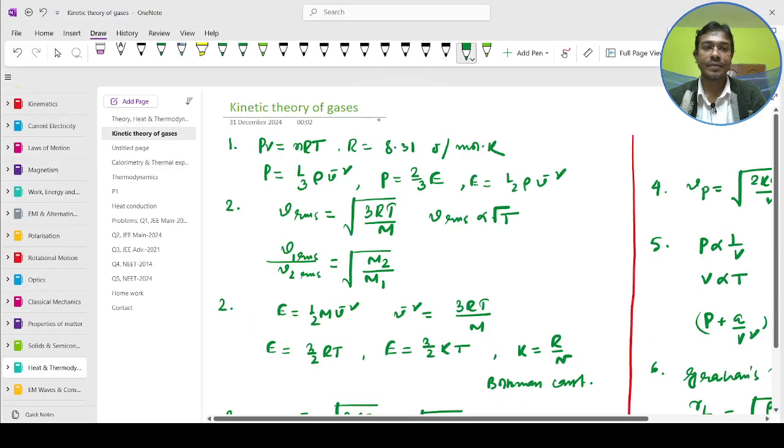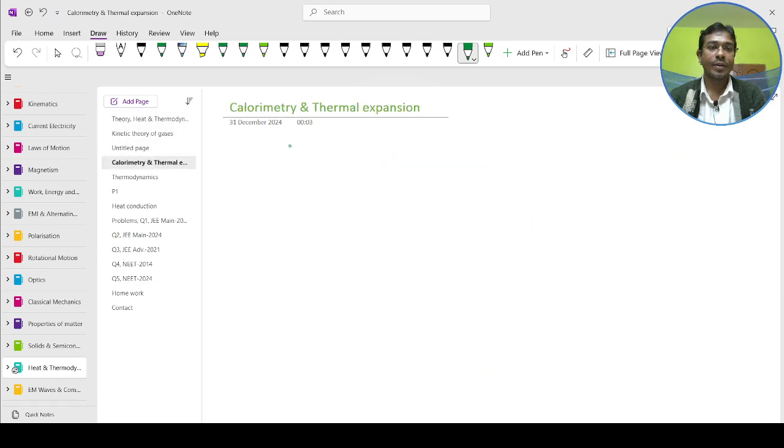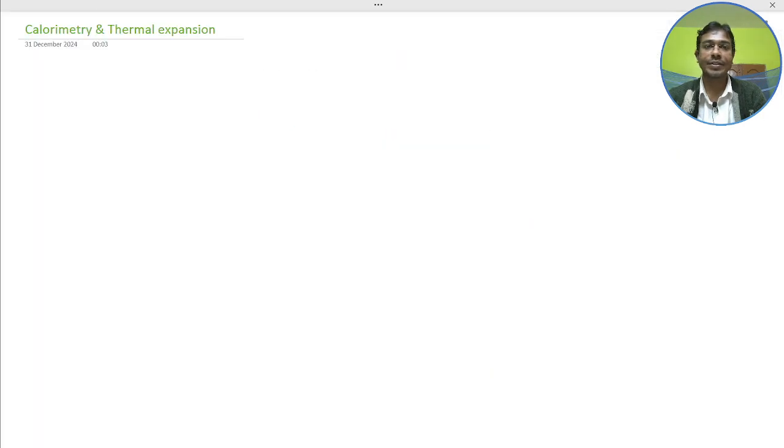Next, calorimetry and thermal expansion.